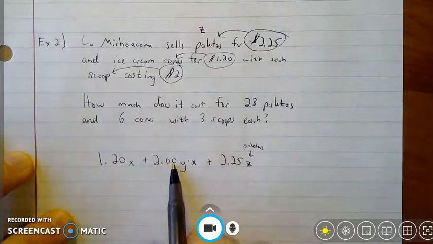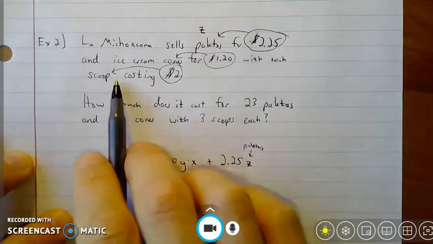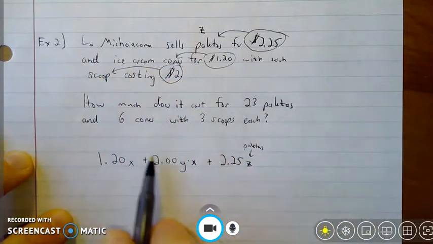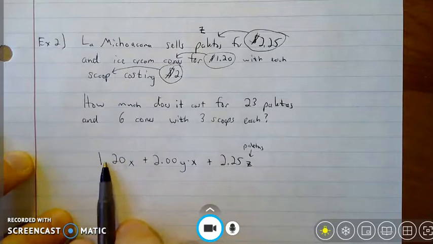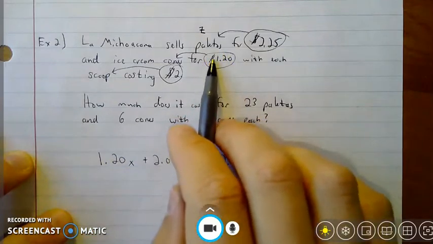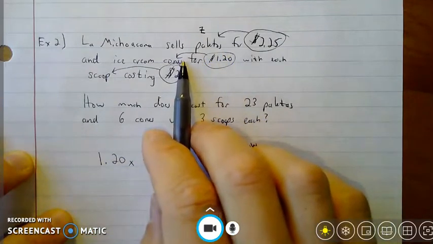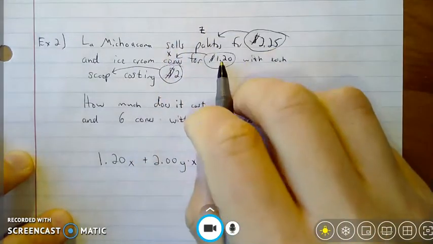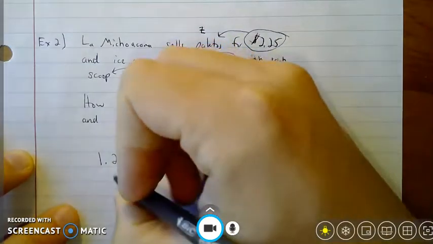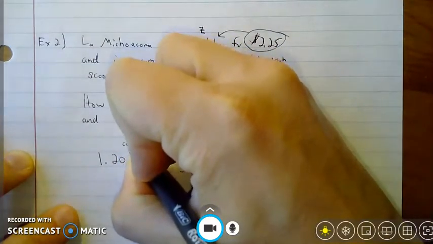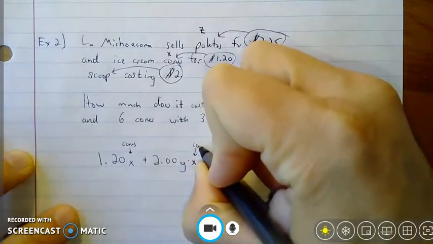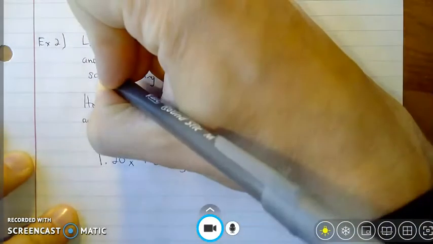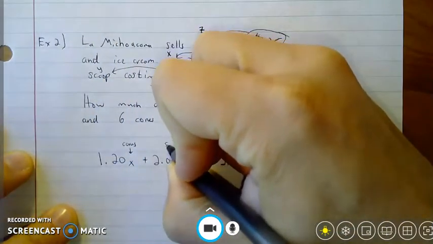Next to 2, I have an x and a y, so I don't know which one is actually representing the scoops yet. So let's move on to cones. I see $1.20 next to x, $1.20, and it's cones. So x has got to represent cones. It's the only variable that's next to $1.20. So x represents the number of cones. This x is the number of cones as well. And our only variable that's left is y. So y must be the number of scoops.